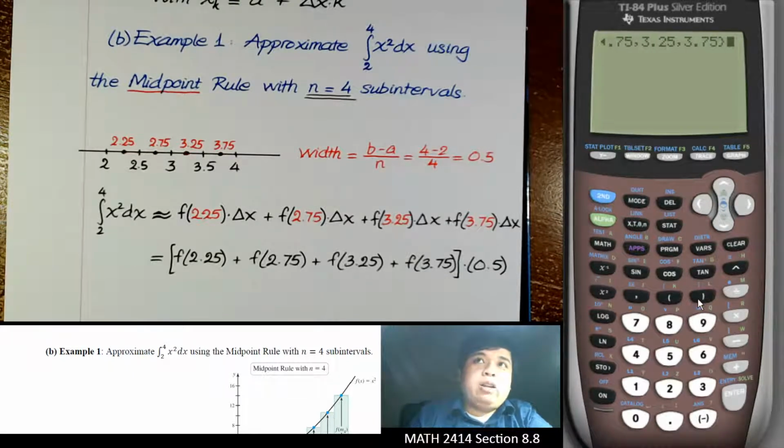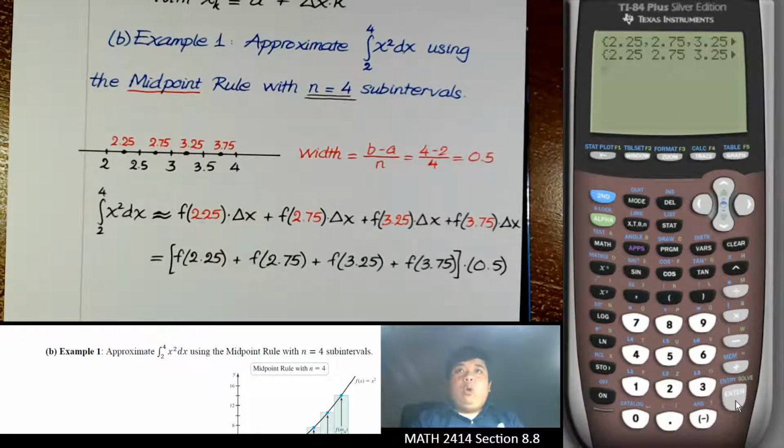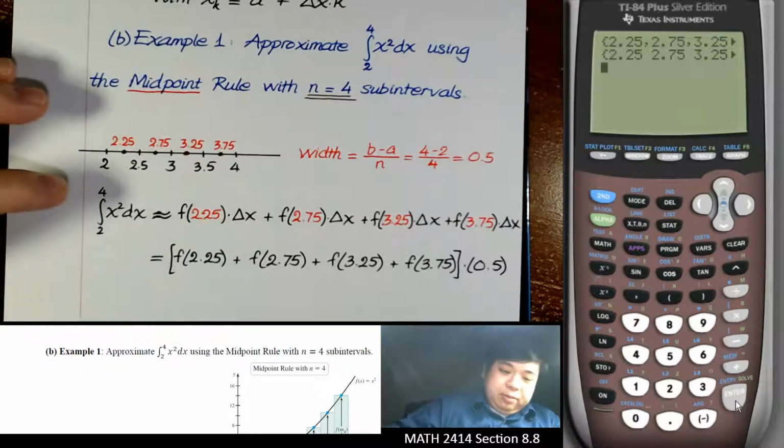Close the curly bracket and then store into L1. Hit the store key, second and 1. So we put all those numbers into L1.